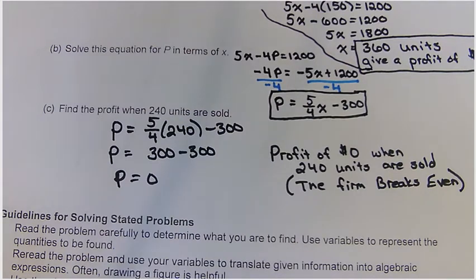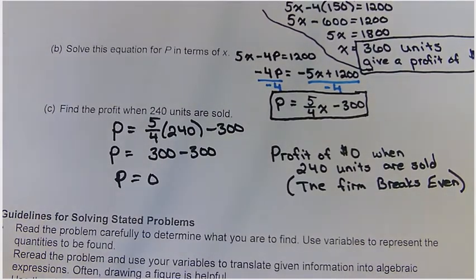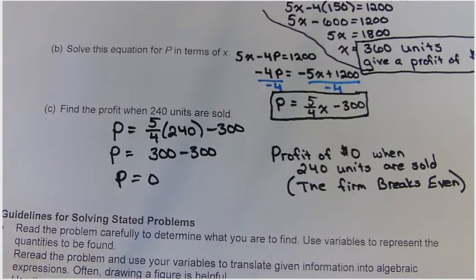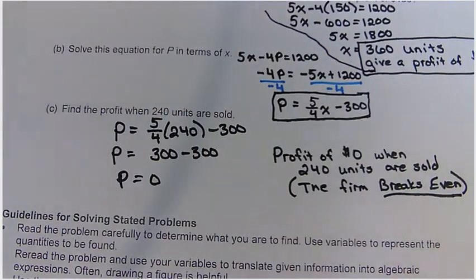You don't want to be not making a profit, but at least you want to break even. 0 profit just means that you're spending exactly what you're bringing in. So that's going to be a key point that comes up throughout the course. We want to know when a company breaks even.